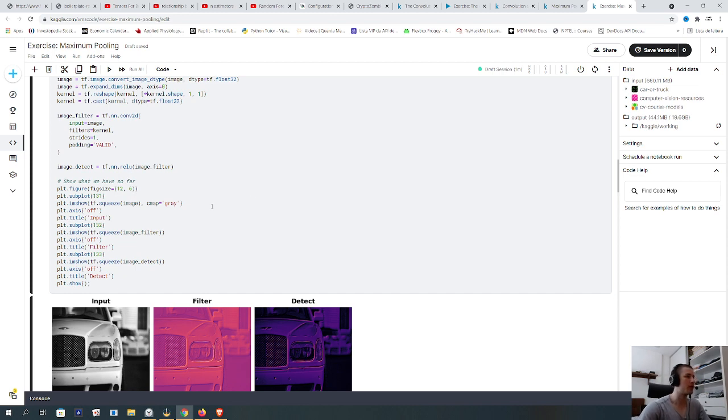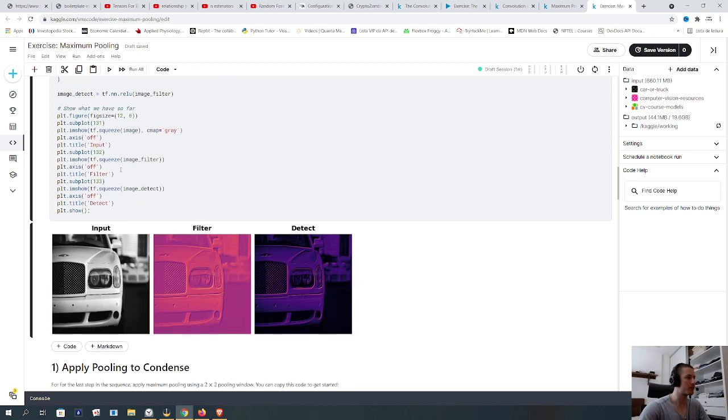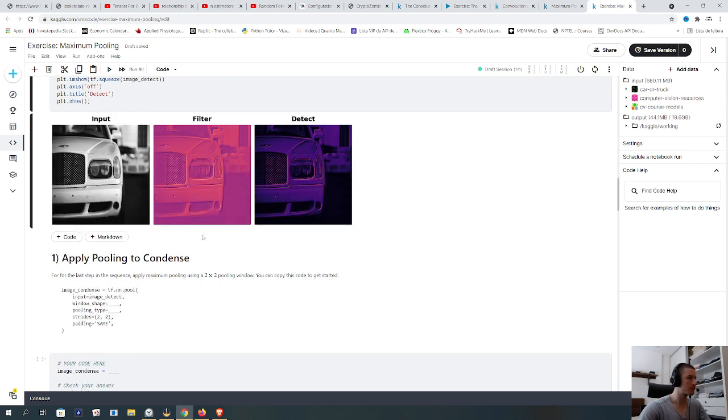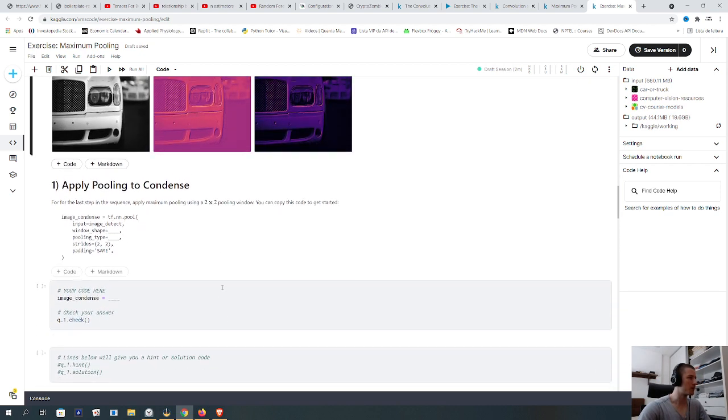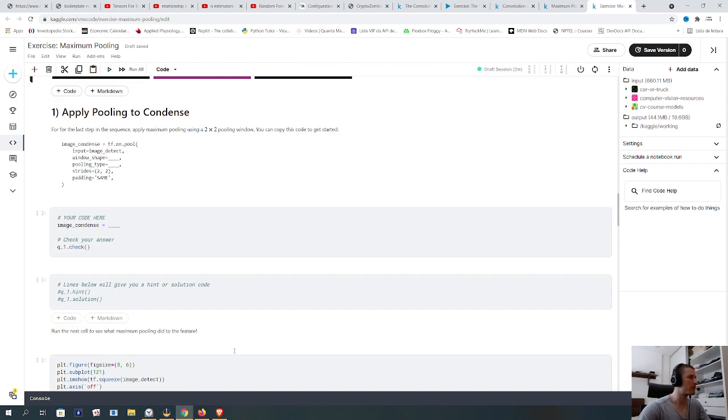So it already created all the other steps in this cell. Apply pooling to condense. For the last step in the sequence, apply maximum pooling using a 2x2 pooling window. You can copy this code to get started. So, tf.nn.pool.